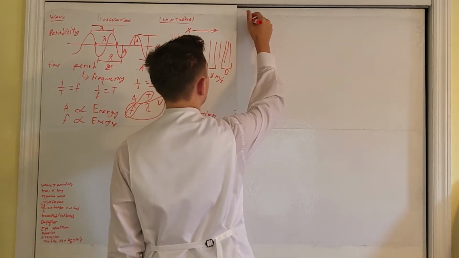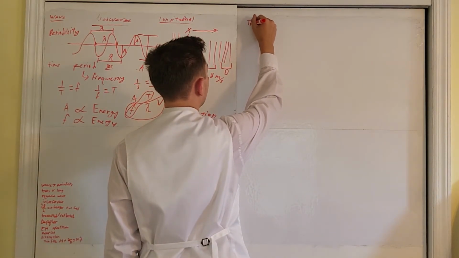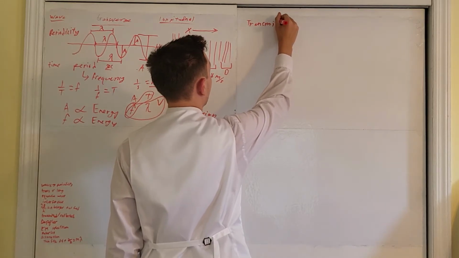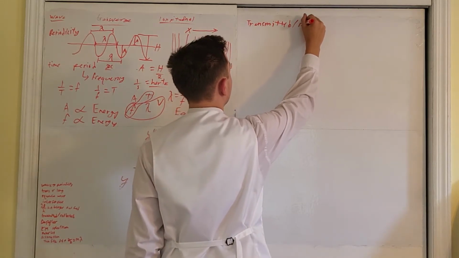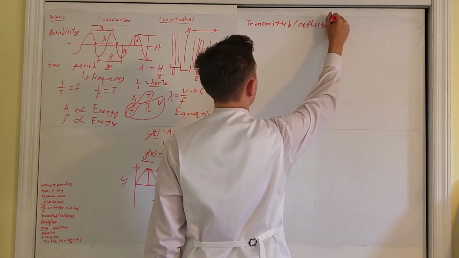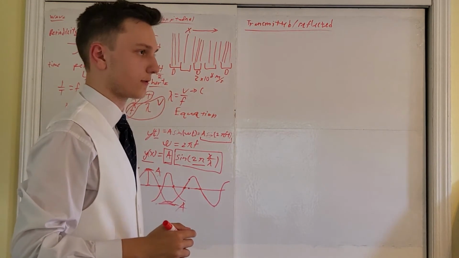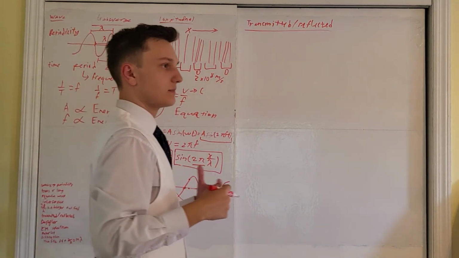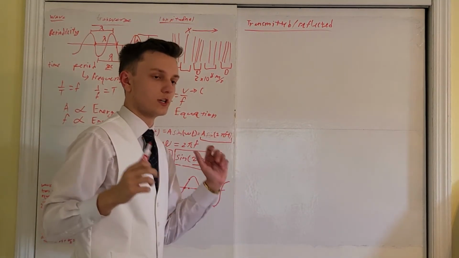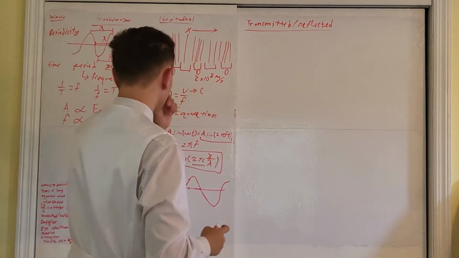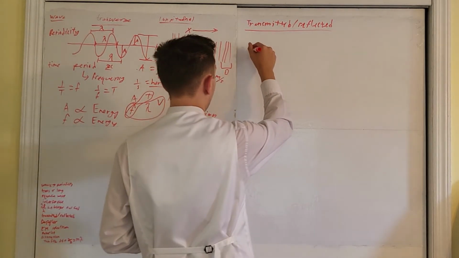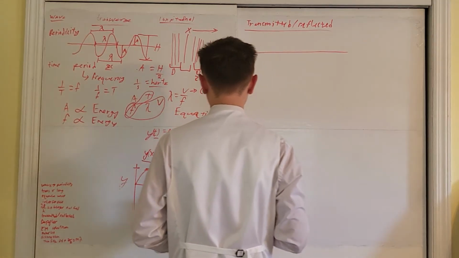Now to what happens when waves are transmitted or reflected. Okay, now this occurs when we have a change in conduction media. Conduction media referring to the substance or space through which a wave propagates. Okay, so let's return to our string example.